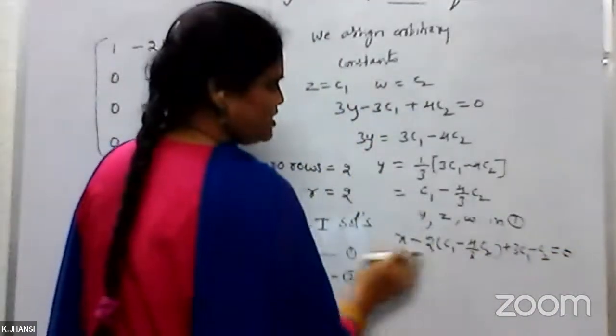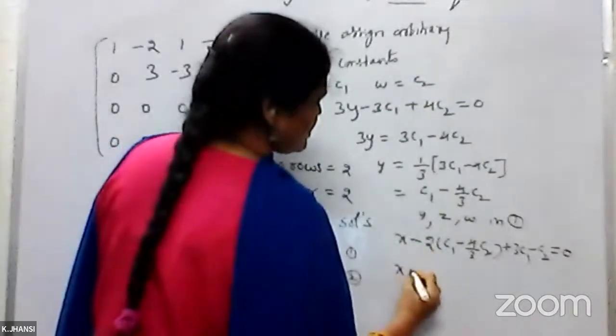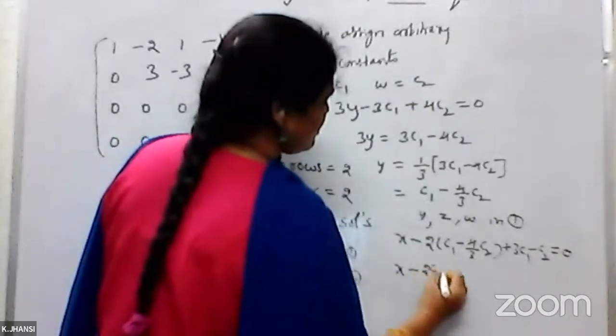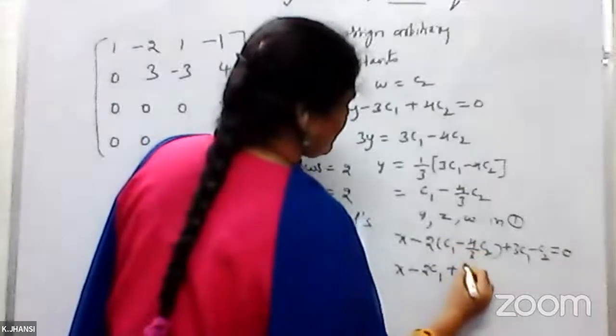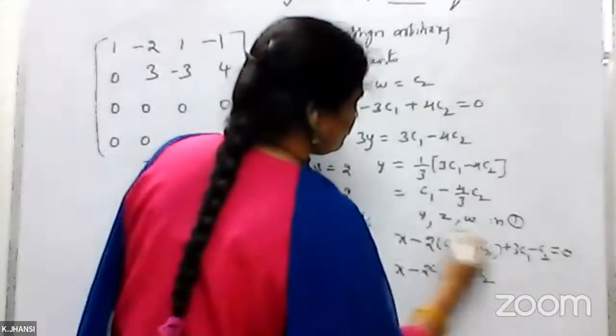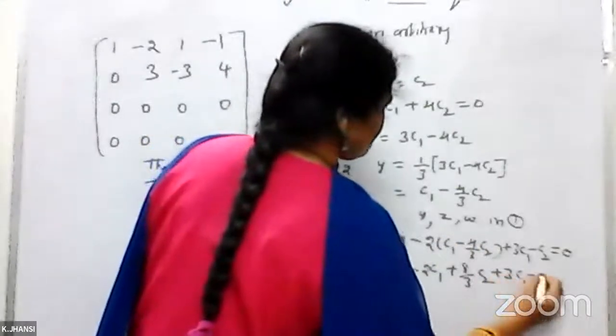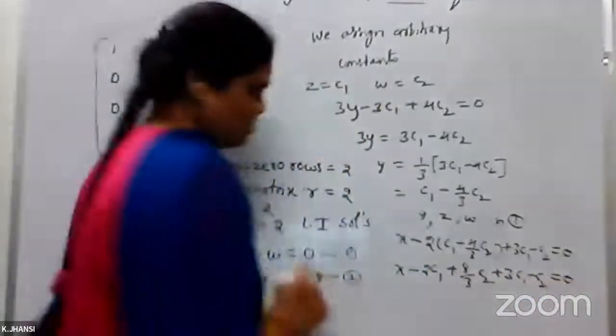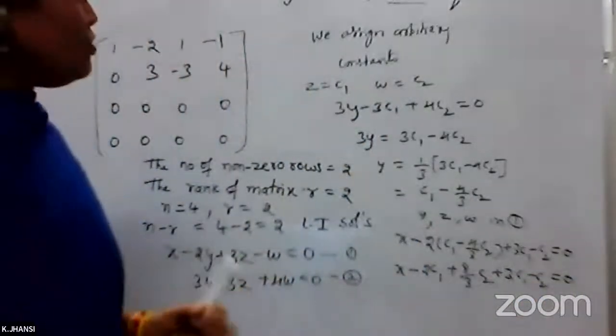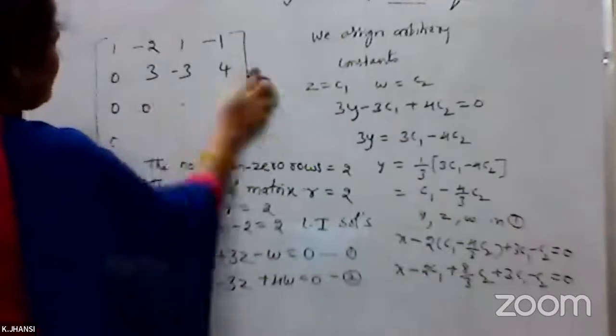Now if you simplify this, you get x minus 2c1 plus 8 by 3 c2 plus 3c1 minus c2 equals 0. Like this, you have to find the solution of the given problem.